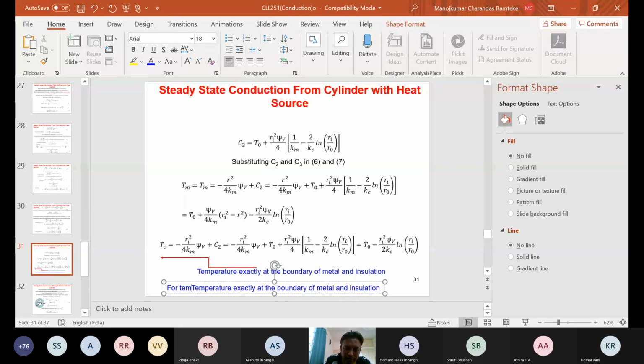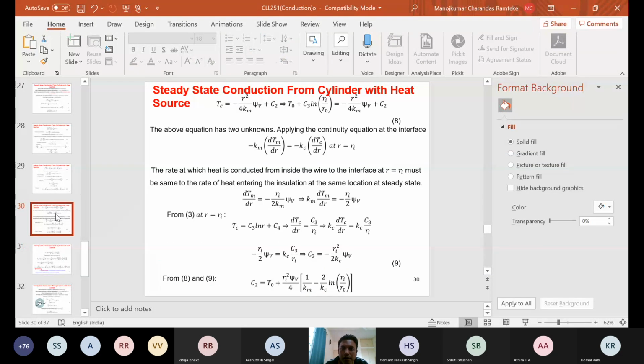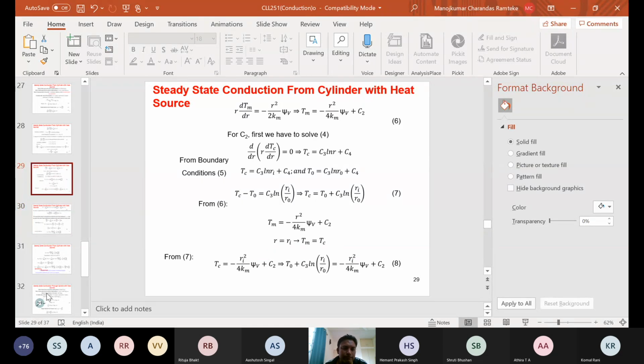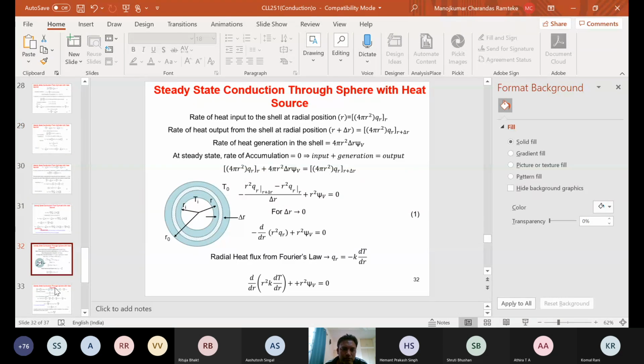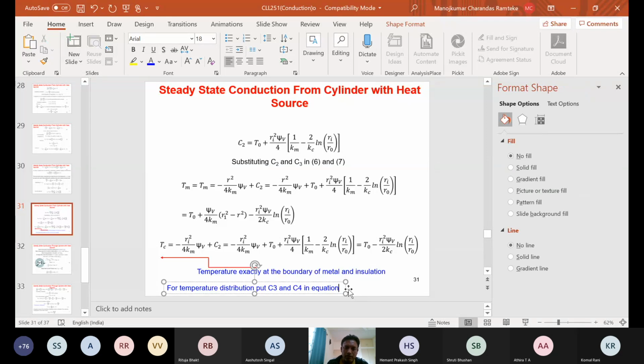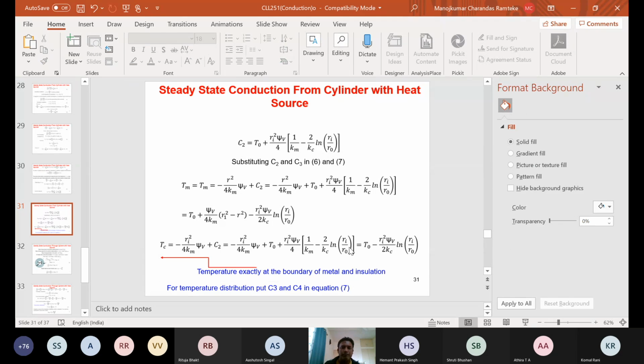For temperature distribution, put C3 and C4 in equation number 7. Okay.